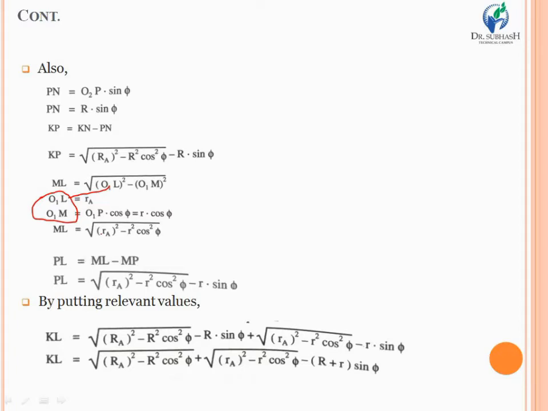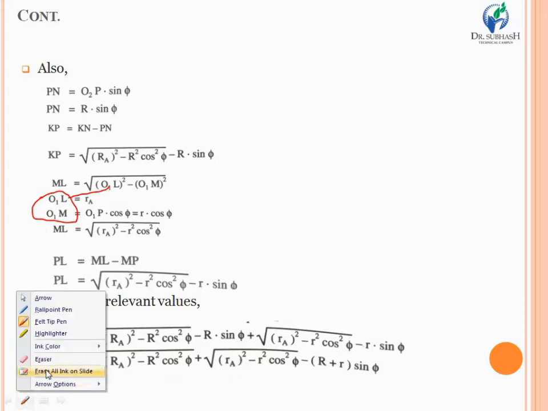Now once again you have to consider one more triangle, and that is the triangle O1MP. From that, MP is equal to O1P sin phi, again O1P is equal to r. So from the right angle triangle O1MP, you get the distance MP equal to r sin phi.